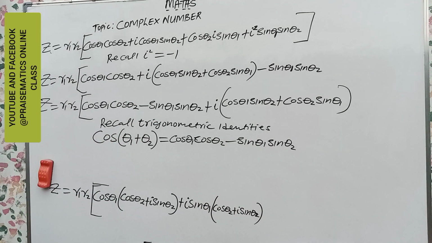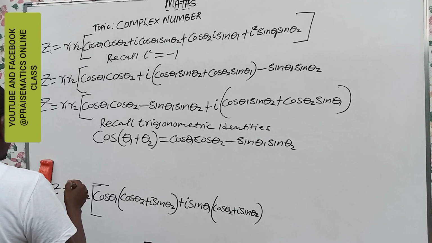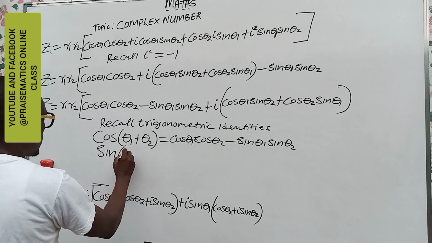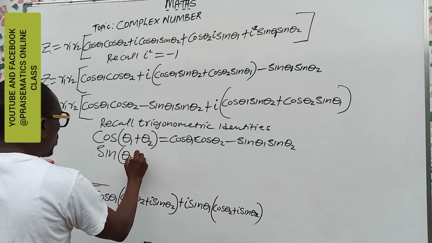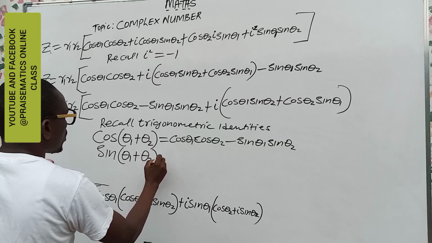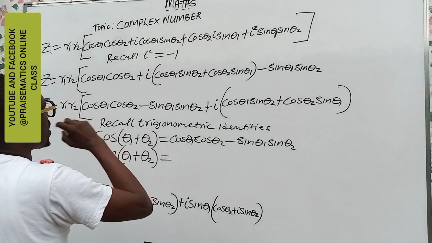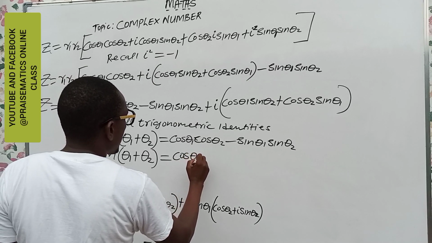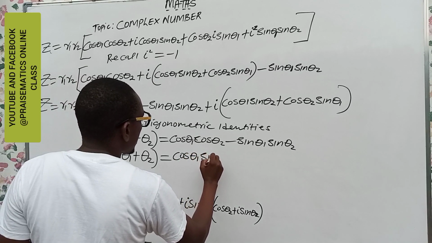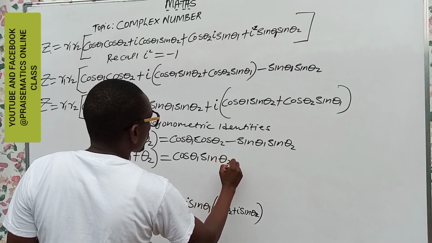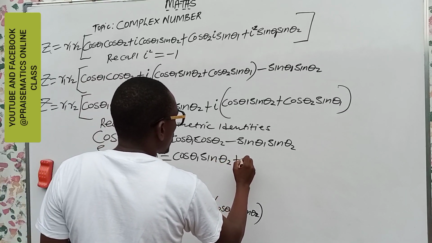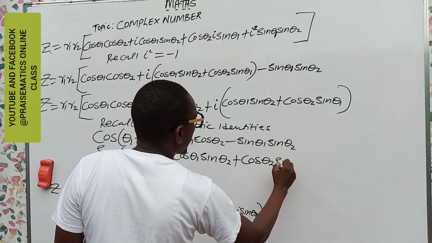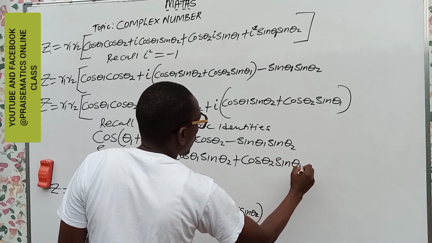We are going to look at the same thing as sin of theta 1 plus theta 2. It is going to give us the same thing: cos theta 1 sin theta 2 plus cos theta 2 sin theta 1.